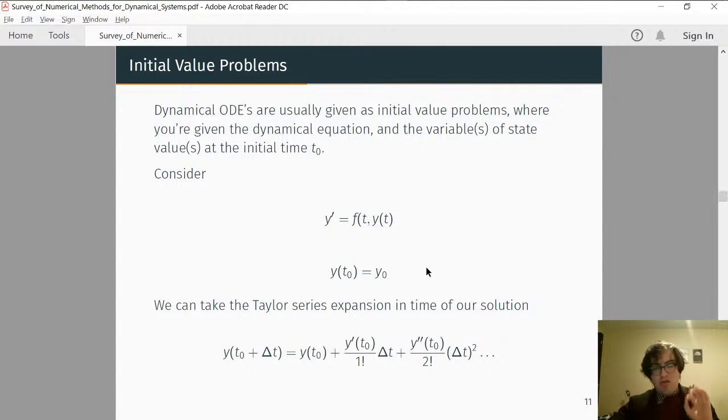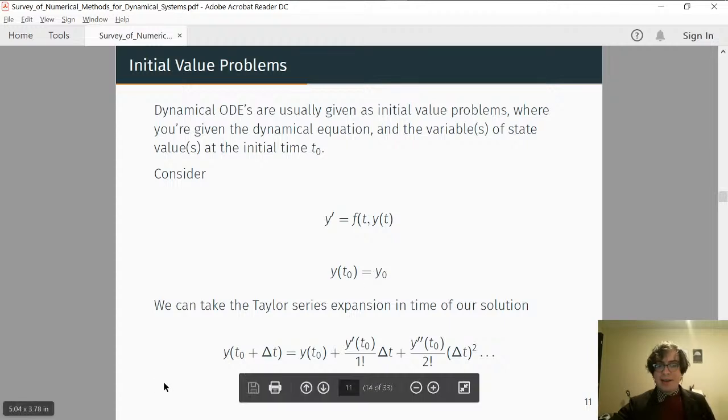We can then do everybody's least favorite thing and say, hey, what if I take the Taylor series of my thing? What if I take the Taylor series from my initial starting place and just expand about that initial starting place?